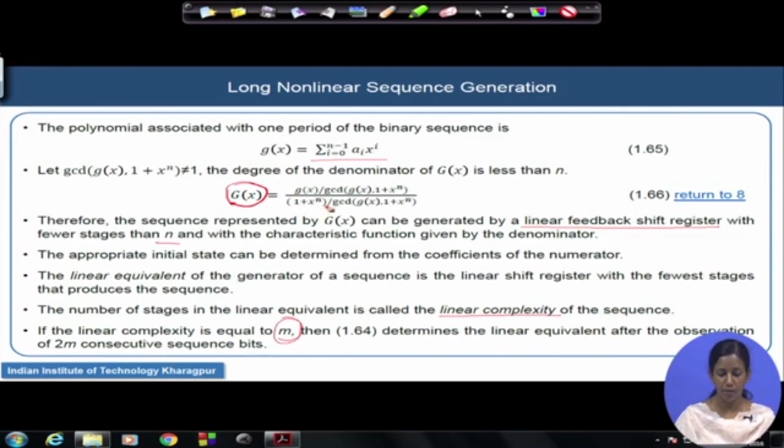If the degree of the polynomial 1 plus x to the power n, the denominator, is less, then we can generate it with a smaller number of stages, and this is further defined by the linear complexity also.